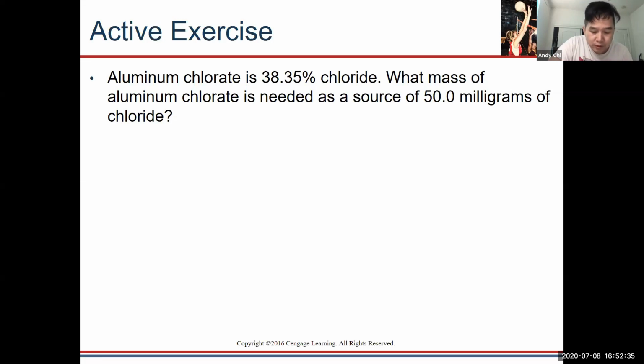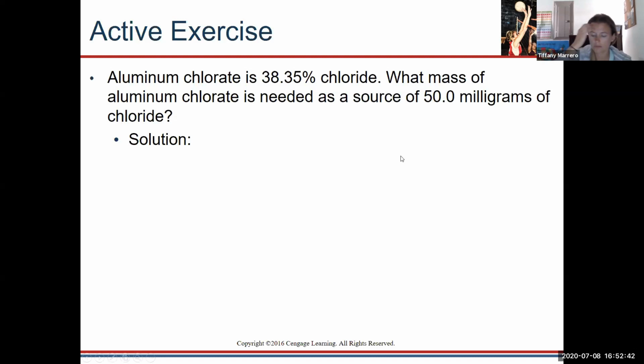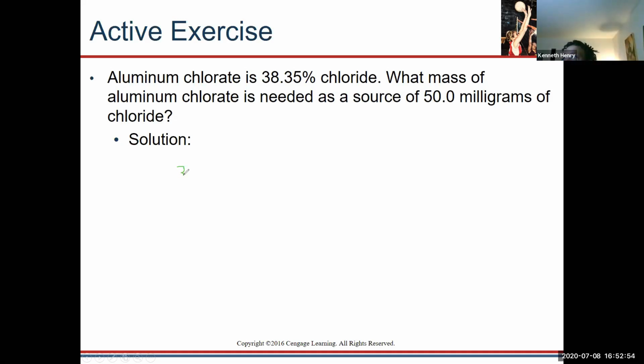You're going to take your given. What is my given? We put at the top 50.0 milligrams. So you're telling me my given is 50.0 milligrams of chloride? Yes. Okay.